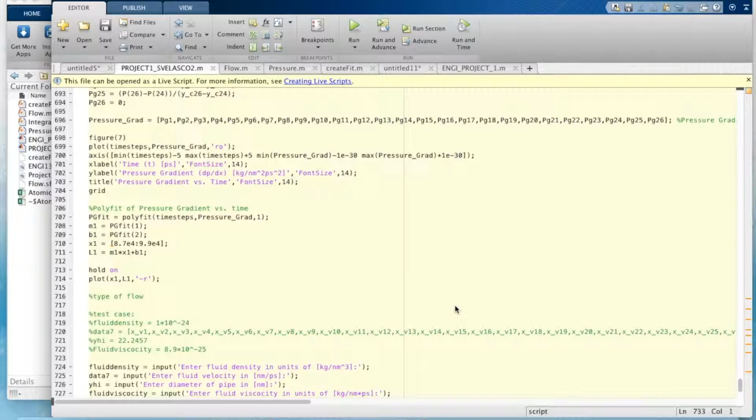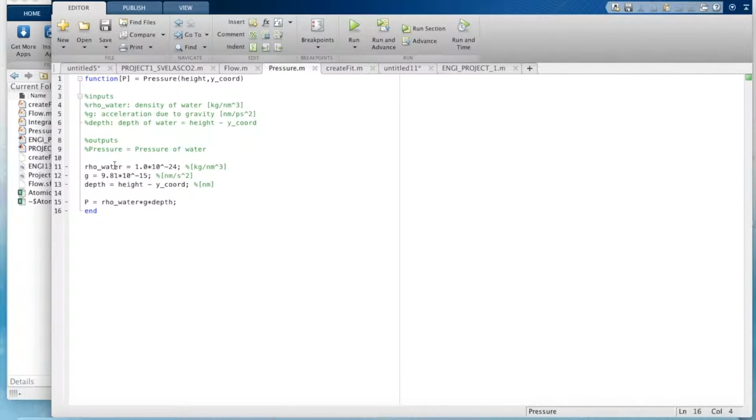Also, for our pressure function, we inputted the density of water in kilograms per nanometers cubed, and everything here is in nanometers per picosecond and in nanometers. So our code wouldn't work for data that are in, say, meters for the x and y coordinates or meters per second. You wouldn't be able to calculate the pressure using this function.